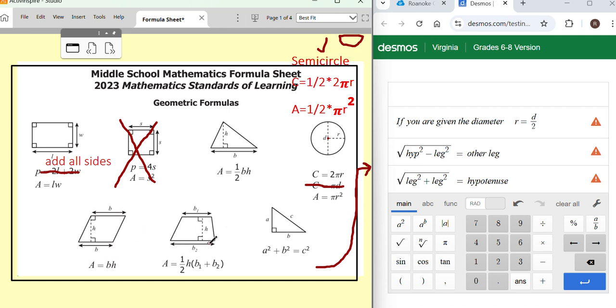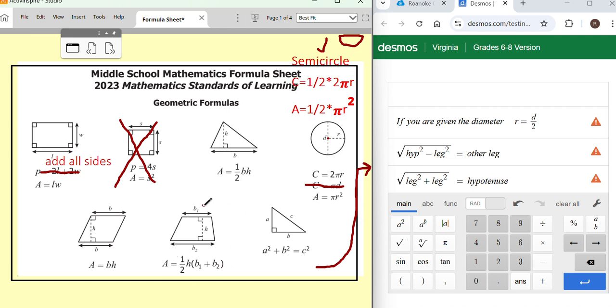You come here, this is a trapezoid. Again, the height forms right angles at both the bases, and you'll need base 1 and base 2, but again, it doesn't matter which one you put first or second because you're adding them. And remember, you've got a 1/2 there.